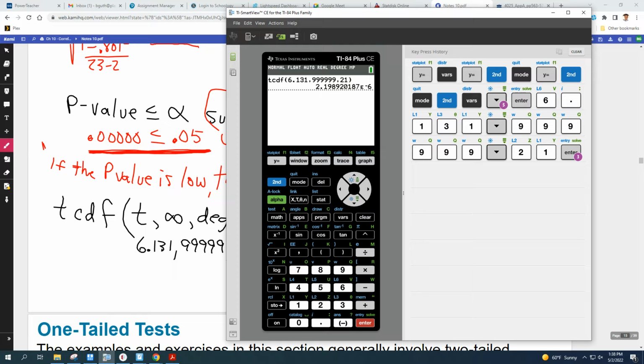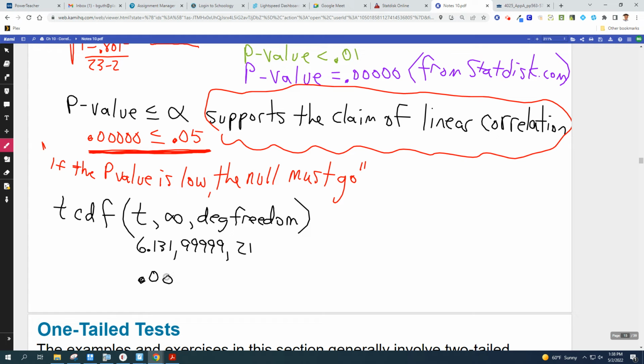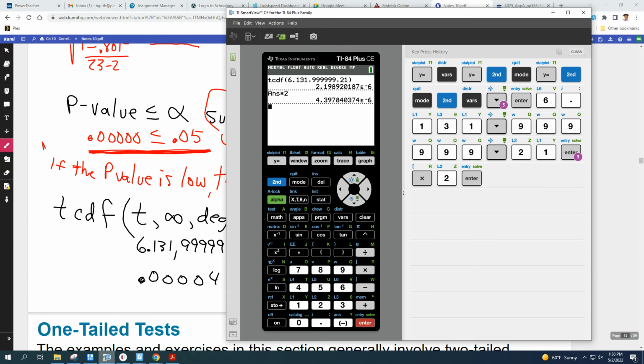Now, what's kind of weird is you have to think about if it's one-tailed or two-tailed. I know you don't totally know what that means yet, but if it's two-tailed, you're going to have to double this. And that gets us about 0.00004. Is that right? Oh no, 5 zeros.